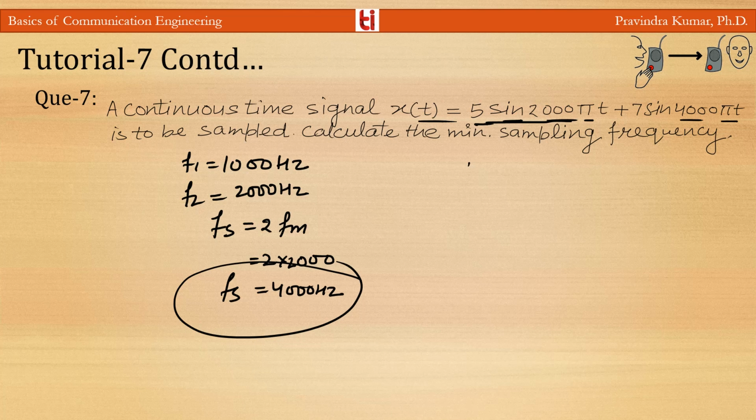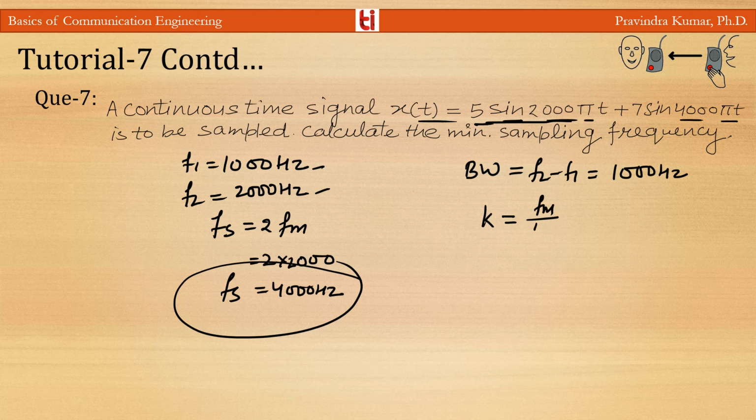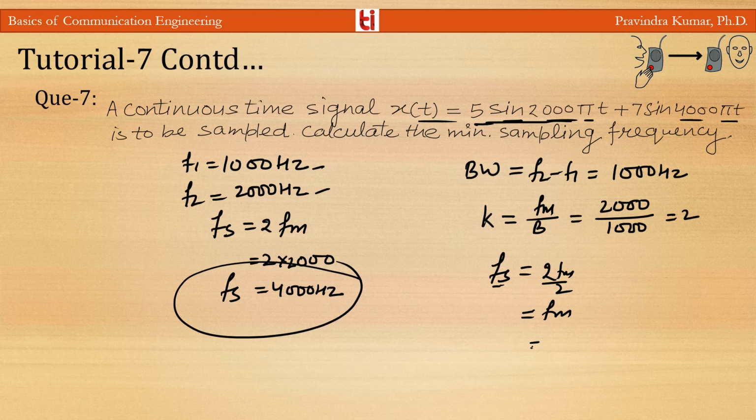According to the band pass sampling theorem, with f1 and f2 components, the bandwidth is f2 minus f1, which is 1000 hertz, and the value of the k factor is fm by b, so 2000 by 1000, which is 2. Now the sampling frequency based on the band pass sampling theorem will be 2 fm by 2, or fm, or 2000 hertz.